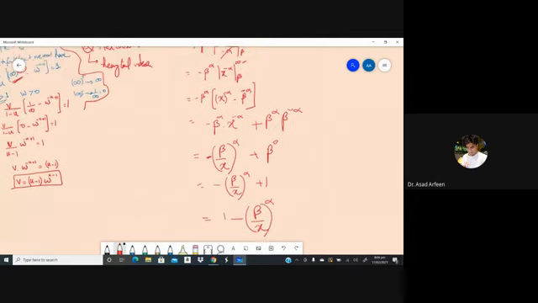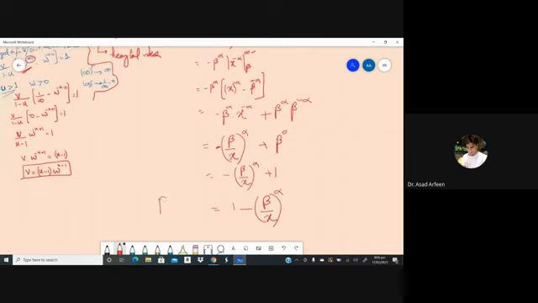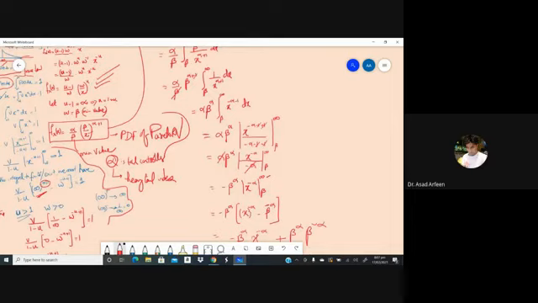So what we finally got is the probability that the Pareto random variable x is less than any given value small x. Can we match it with this? Is it okay now? Yes.